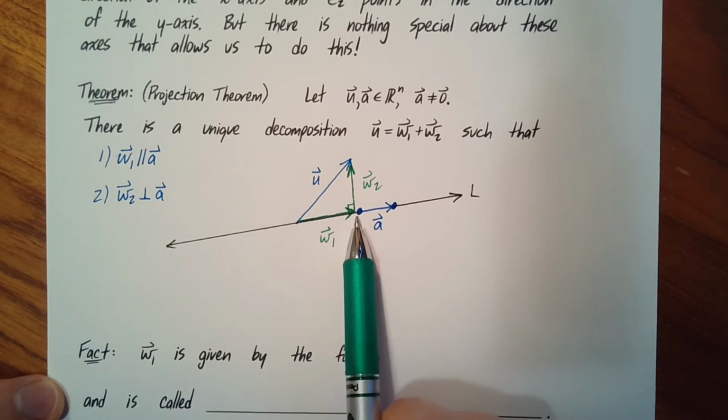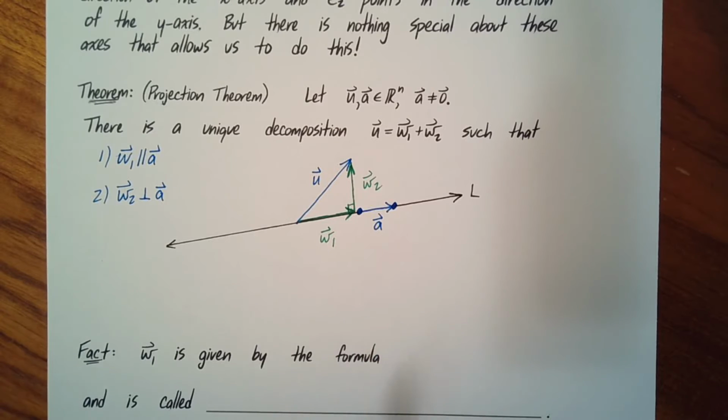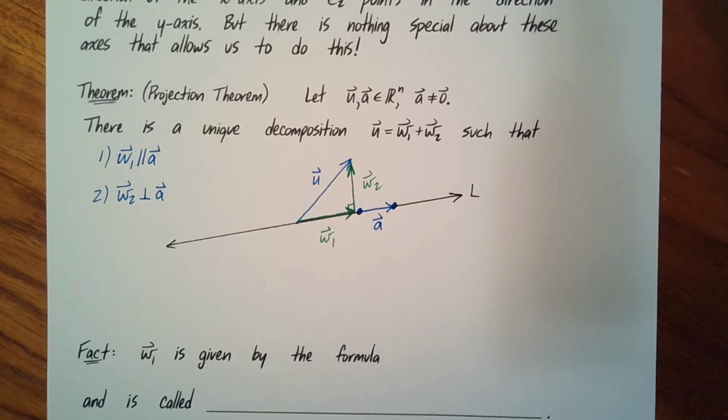There's a little bit of space in between the triangle and the vector A as I've drawn it, and that's on purpose. In fact, I wish I had drawn it bigger to really emphasize the fact that this need not be attached to the triangle in any way. In fact, it usually won't be. Okay, so that's the picture you should always have in mind when you're thinking about the projection theorem and when you want to apply it.